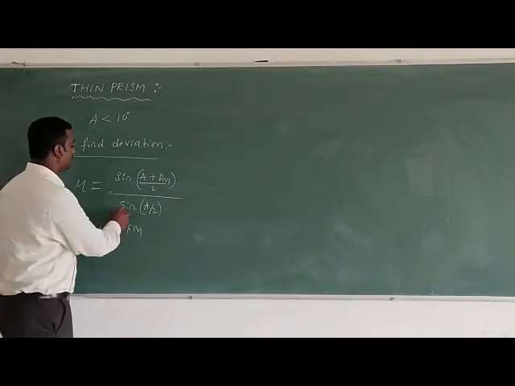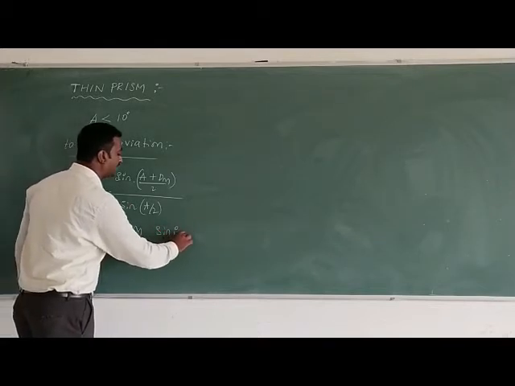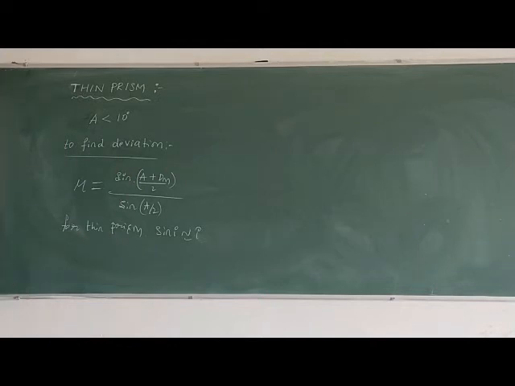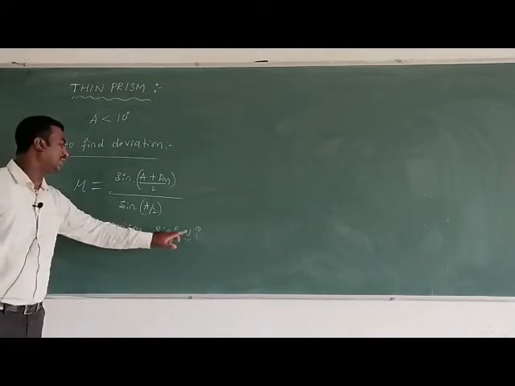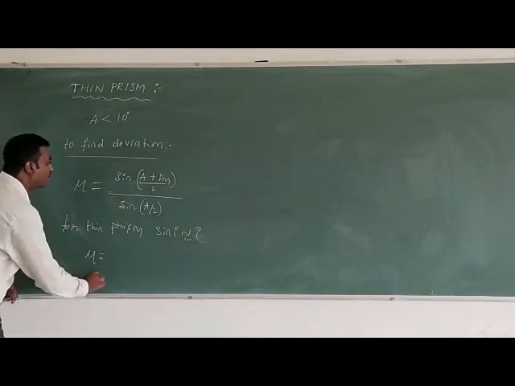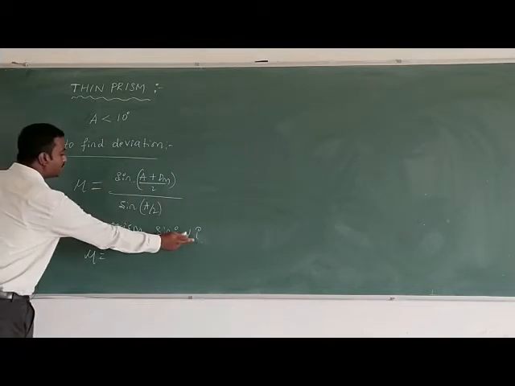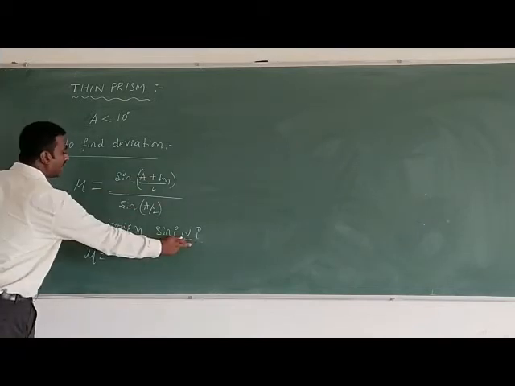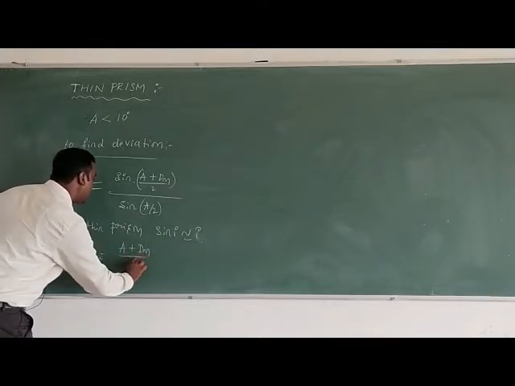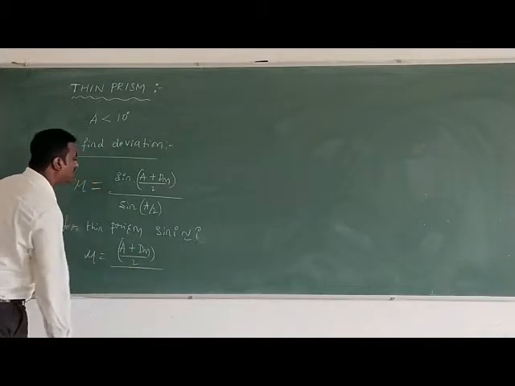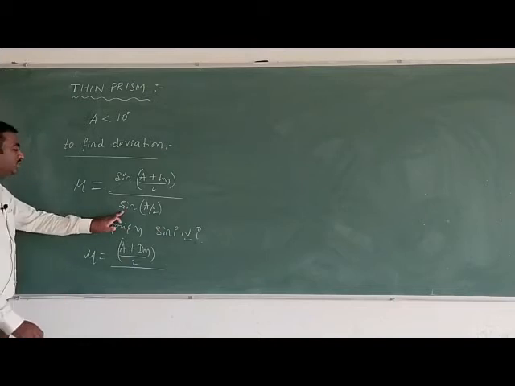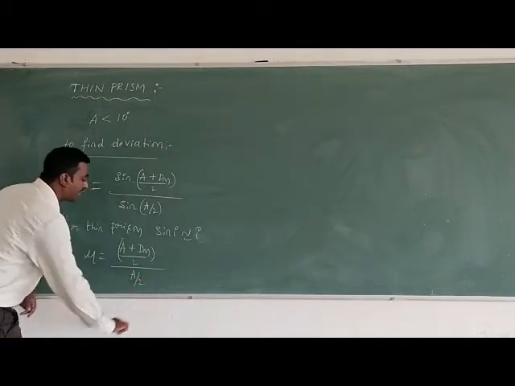Here, sin I we are going to take as approximately equal to I, that is, sin theta is approximately equal to theta. Sin r is approximately equal to r. So this equation reduces to mu equals (A plus dm) by 2, the whole divided by A by 2.